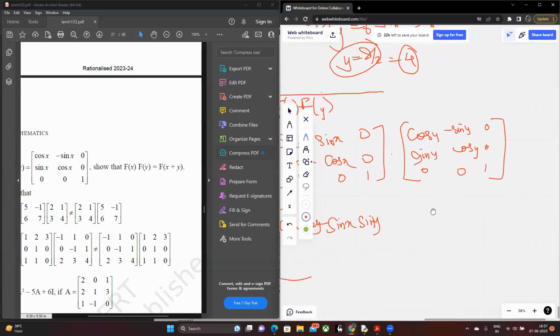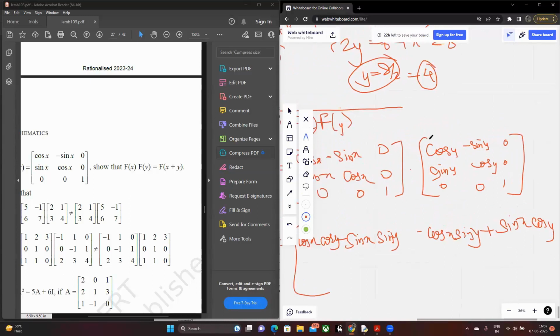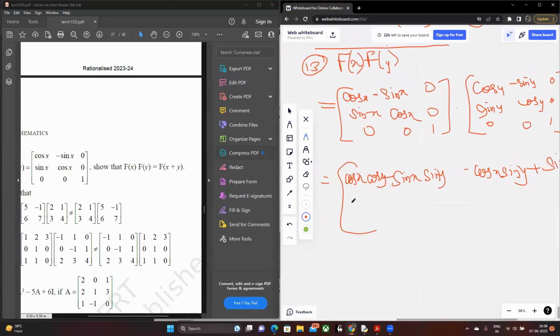Then in the second place, you have this row into this column, that is minus cos x sin y plus sin x cos y, and you have a 0, because 0 into cos is 0, 0 into minus sin x is 0, and you have 0 into 1, 0. Similarly, over here, you will have this row into this column, that is basically sin x cos y plus cos x sin y.